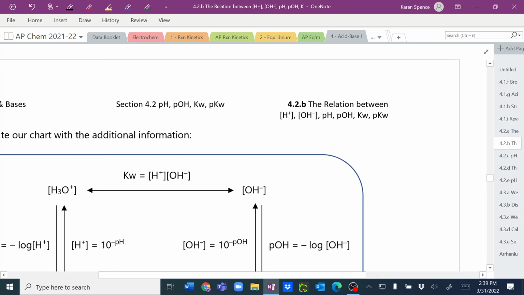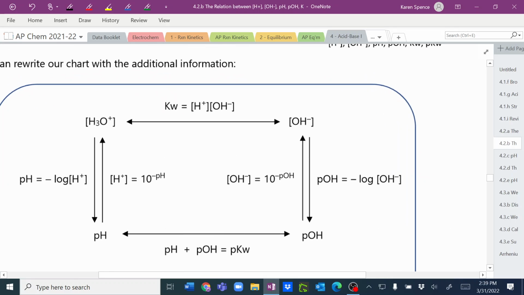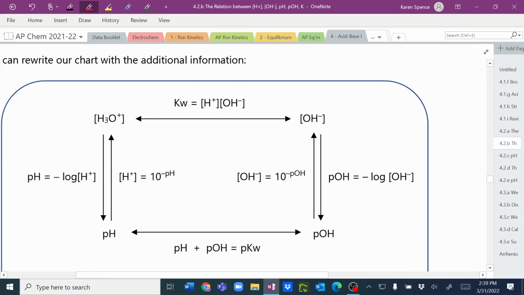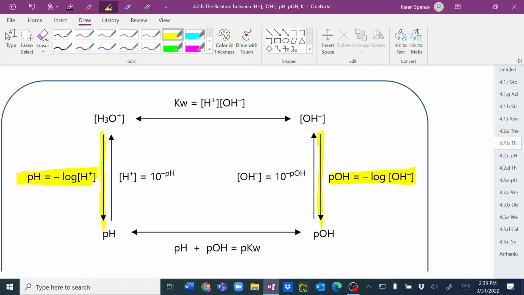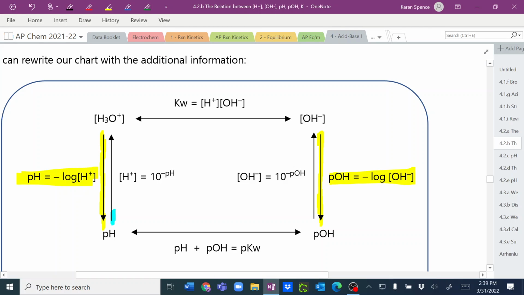So here is the table with all the information. If you want to go down from hydronium to pH, you're going to use this one, right? If you want to go down from hydroxide to pOH, you're going to use negative log. If you want to go up from pH to hydrogen, you use hydrogen is 10 to the negative pH, and so on and so forth.